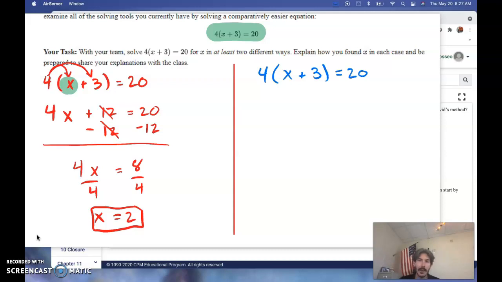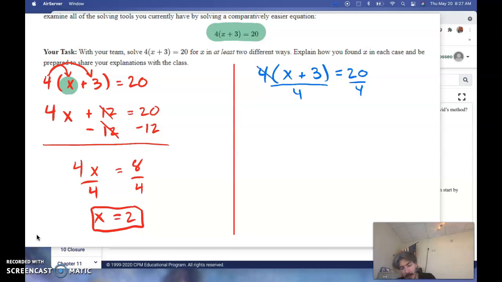One more time, I look in and say, hey, x and 3 can't be added, so I could distribute. Otherwise, I recognize that the 4 is being multiplied by that entire quantity of x plus 3, so I can just cancel that multiplication right away. This is something we've worked on in the prior two videos. If you haven't seen the videos for 10.2.1 and 10.2.2, make sure you go back and watch those.